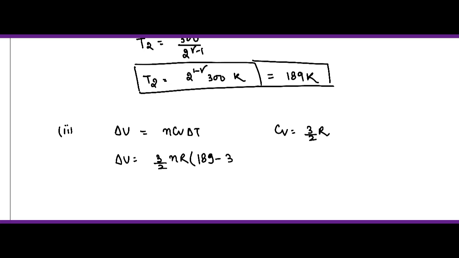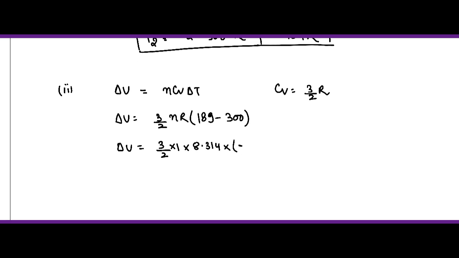Okay, so the change in temperature can be written as 189 minus 300. The number of moles is also given in the question, which is 1 mole. So 3 by 2 into 1 into the value of R, 8.314, into 189 minus 300. The value comes out negative.